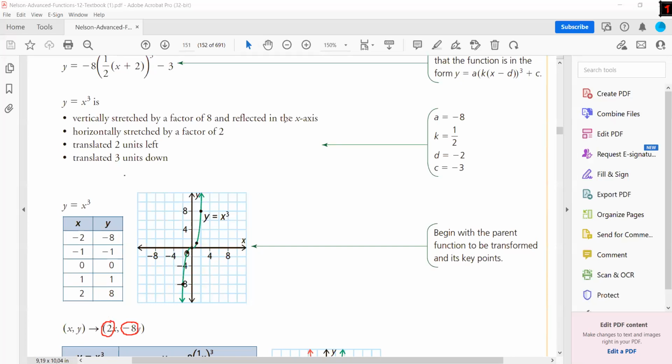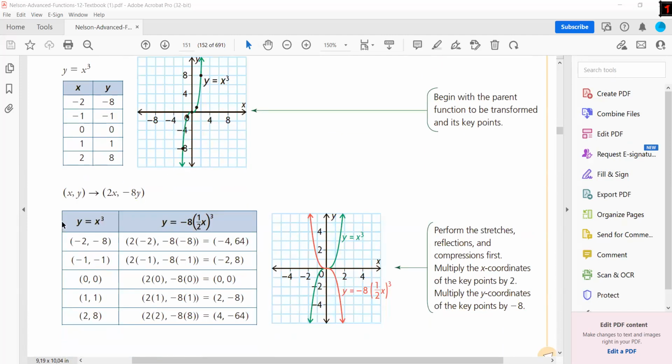This is where this coefficient comes in. So basically, for every point of the initial graph, we're going to have the following pair of new points for the new graph. First of all, every x doubled, every y 8 times, and y values are reflected in the x-axis, so on the opposite side.